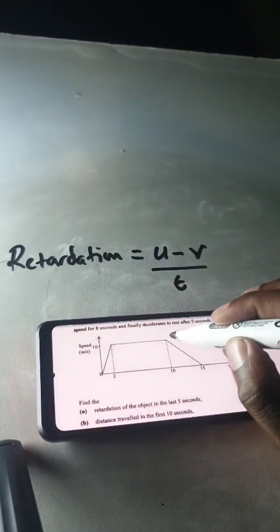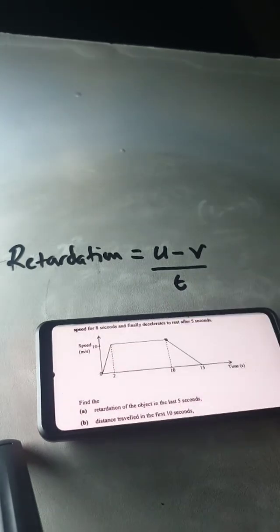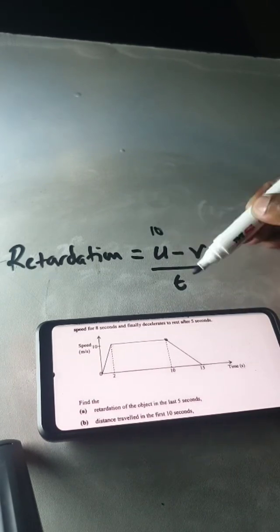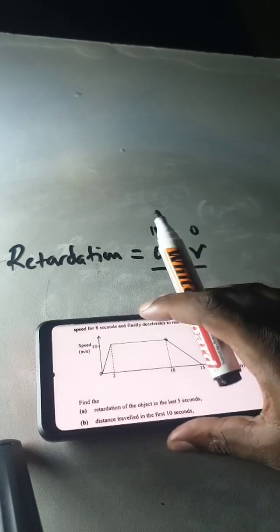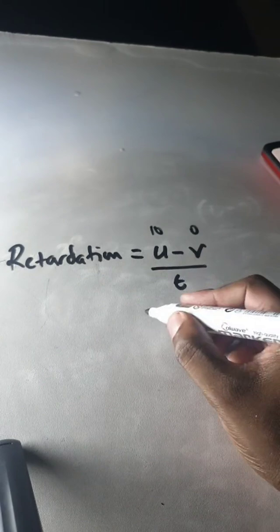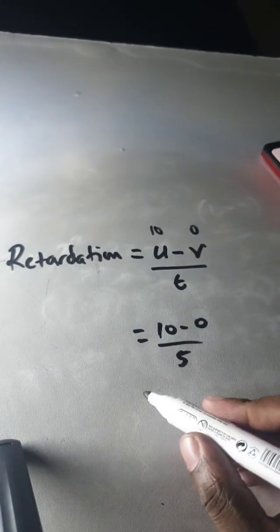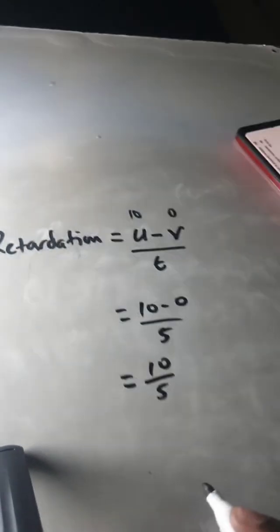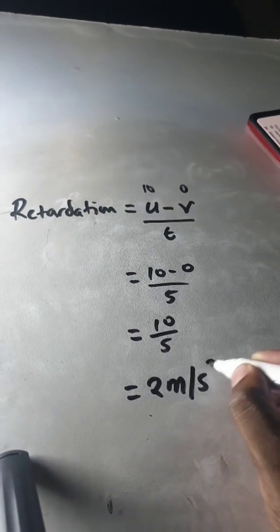It started from 10 meters per second, then it went till it reached 0 meters per second. So our initial is 10 and our final velocity is 0, within 5 seconds. So we have 10 minus 0 over 5. Retardation is equal to 10 over 5. How many 5s are in 10? There are 2, so 2 meters per second squared.